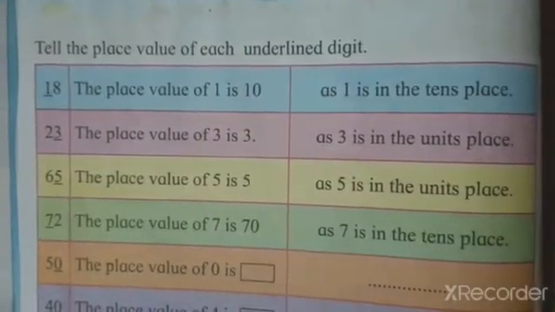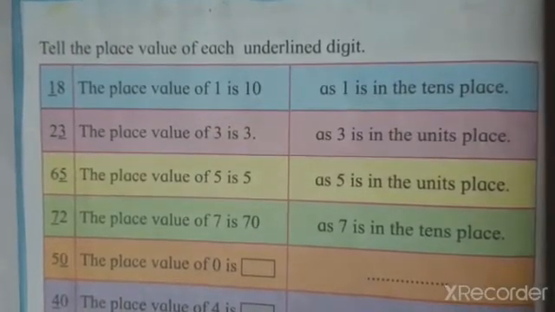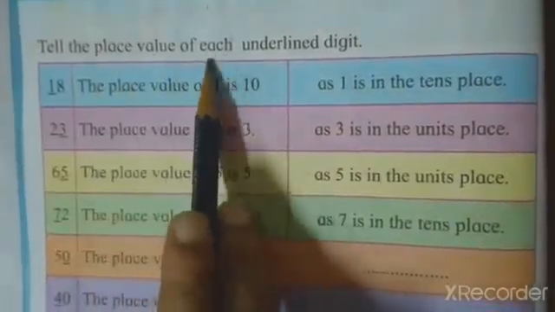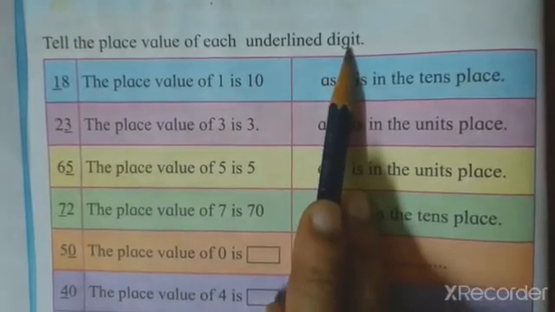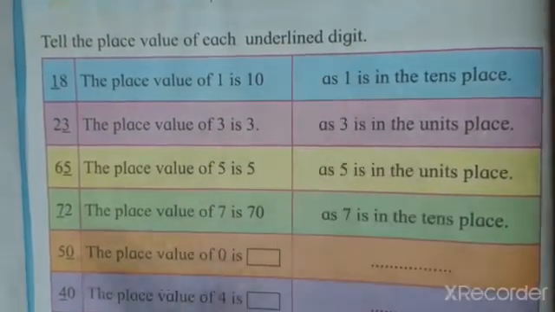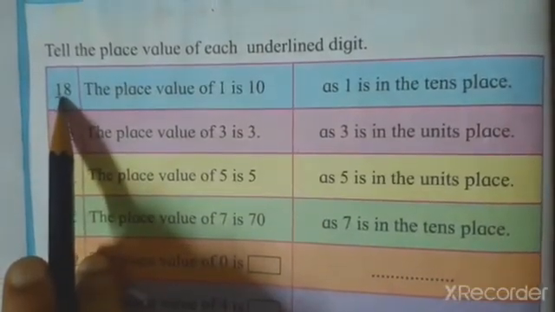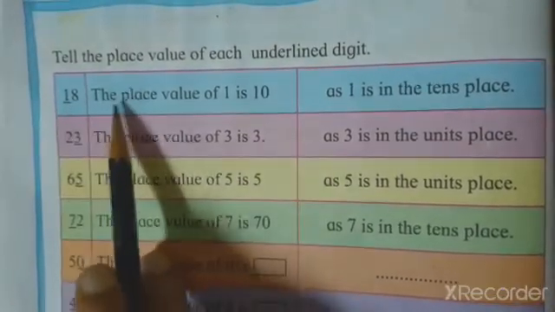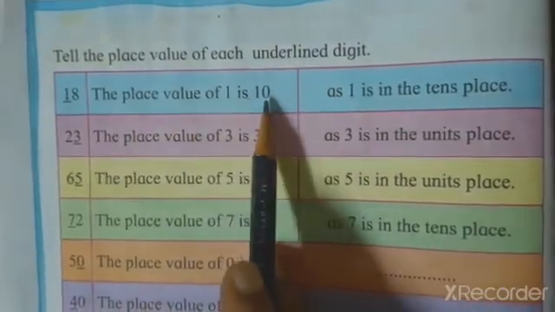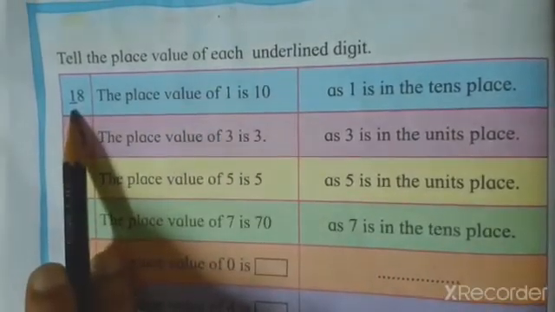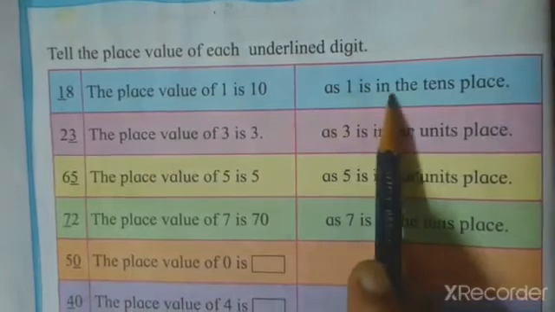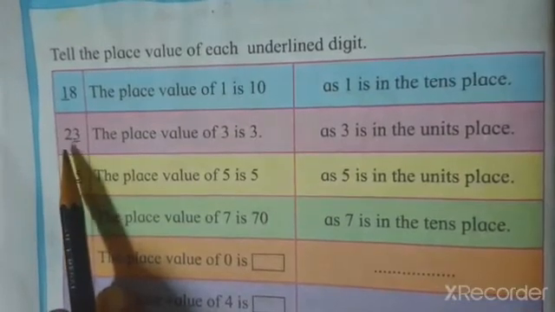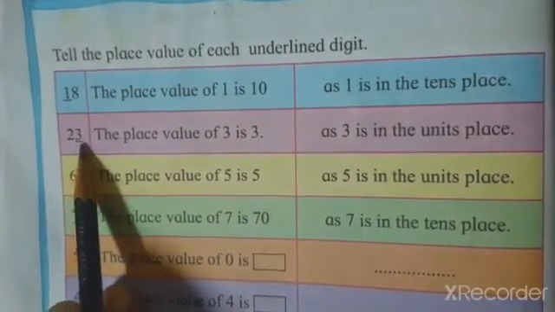Let us now look at the exercise on page number 16. First, let us see the examples. Tell the place value of each underlined digit. Digit means the number. So we are going to write the place value of the underlined number. The first number is 18 and the number 1 is underlined here. The place value of 1 is 10, because 1 is in the tens place. Let us look at the second example now. The number is 23 and the number 3 is underlined.